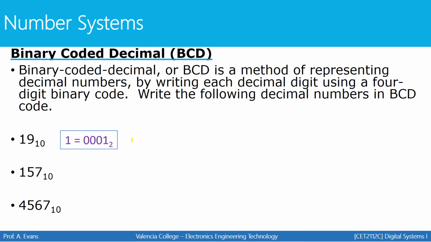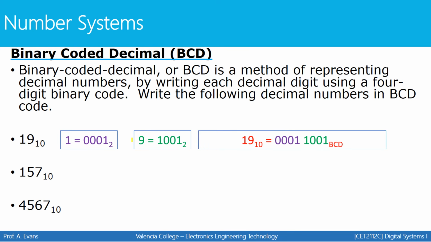So if I take the number 19, I know that the number 1 is 0001. The number 9 is 1001. Put them together, that's a BCD number. So BCD takes a decimal number and represents each digit as a group of 4 bits.